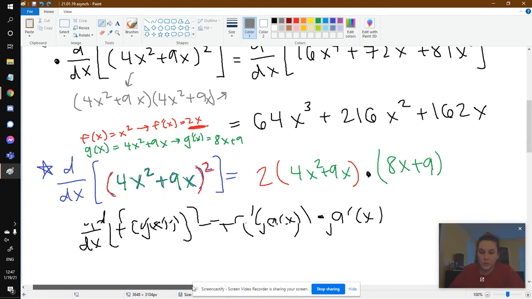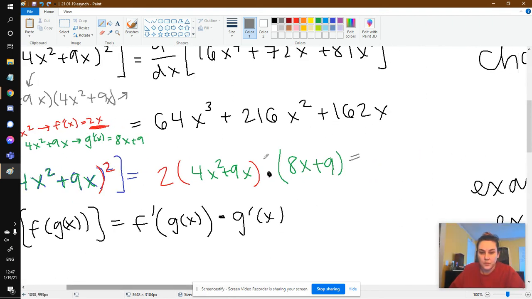Then, if we want, we can FOIL this out. We get 4 times 8 is 32, times 2 is 64, and that's x cubed. We get 4x squared times 9 is 36, times 2 is 72, x squared, so that's part of this.